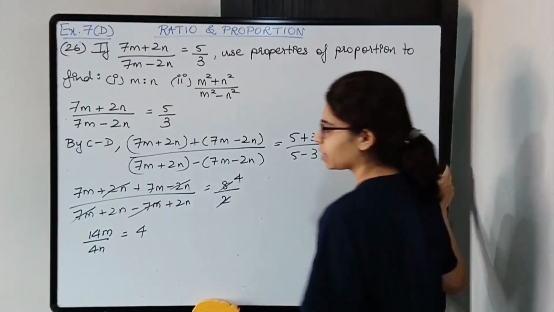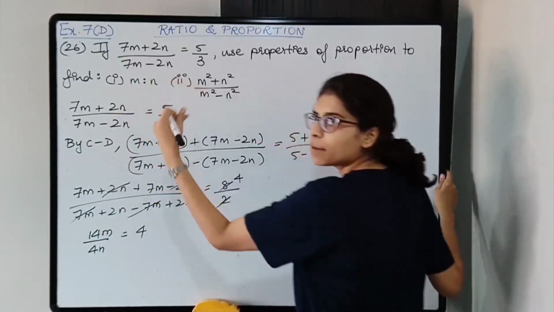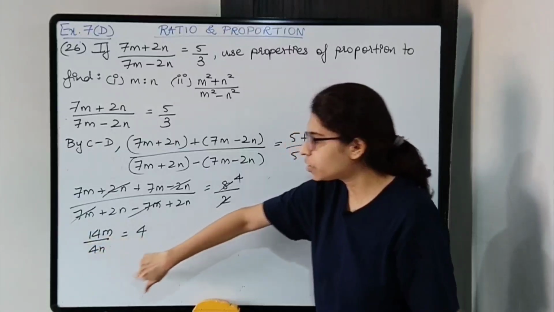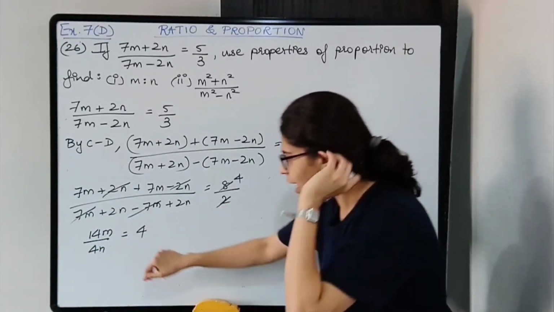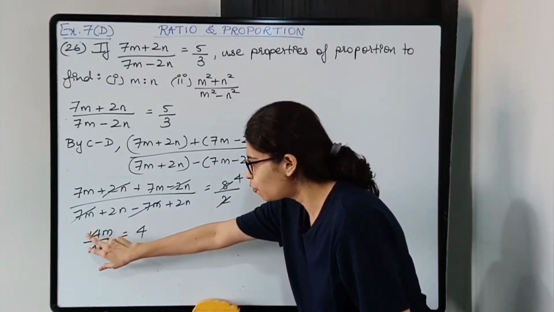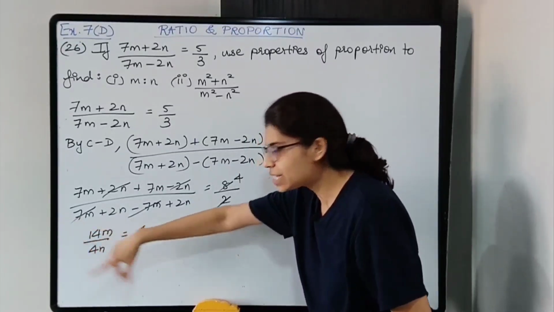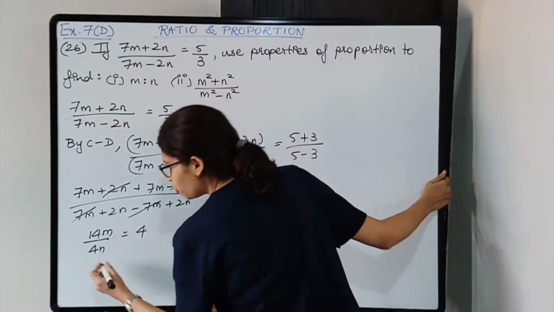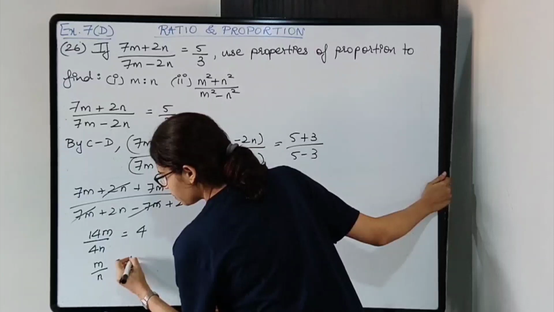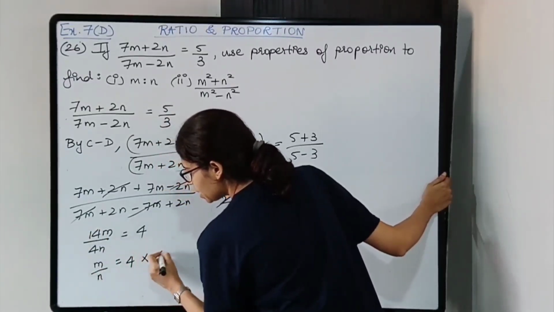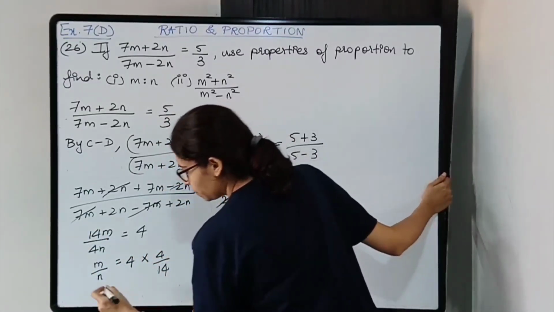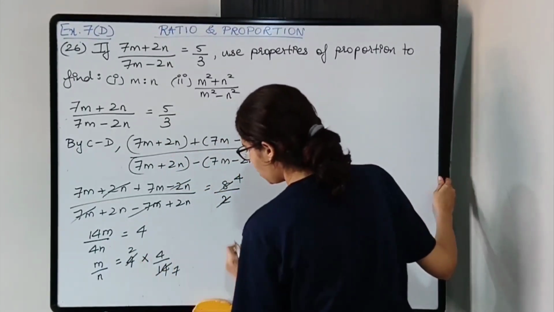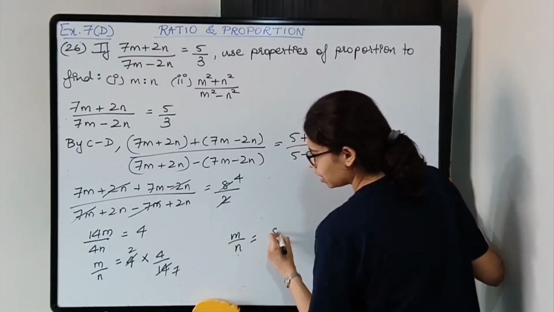Okay, we need to find m is to n, that is m upon n. So let us keep m upon n as it is and let's shift the number over here. So we keep m upon n as it is, shift 14/4, so the reciprocal will come. 4 will go in the numerator and 14 in the denominator, so it will become 4/14. This 4 as it is, here the reciprocal, so 4/14. 2 ones are 2, 2 sevens are 14, so m upon n we are getting as 8/7.